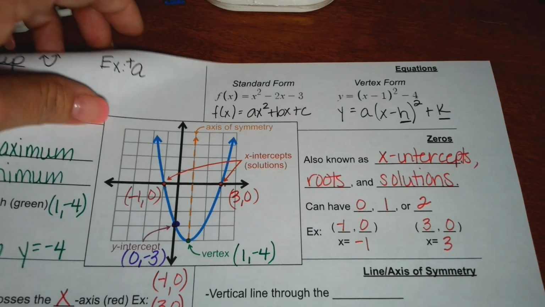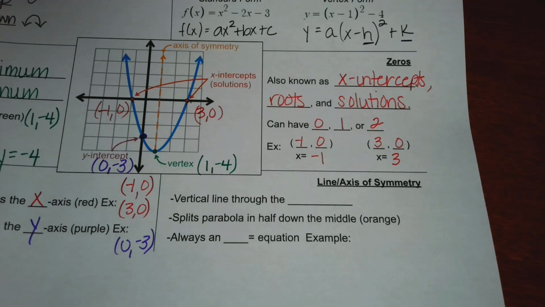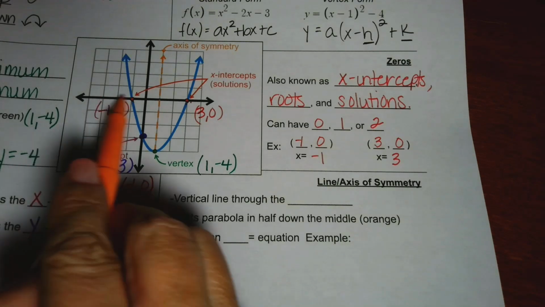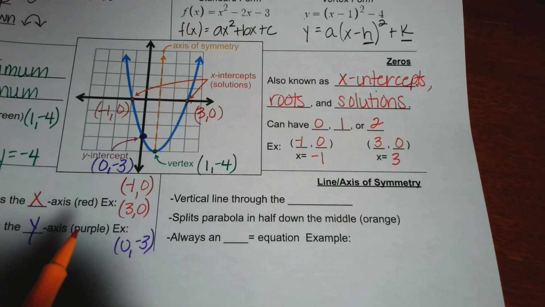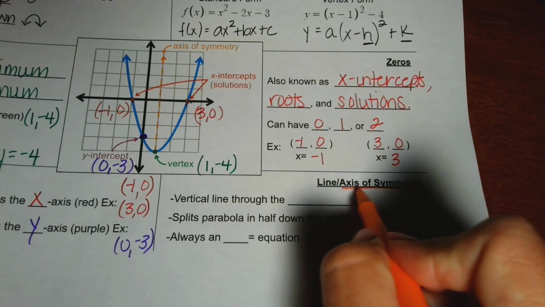All right, then the last characteristic we're going to talk about is the axis of symmetry. So when you were young in middle school, they taught you about a line of symmetry. That is a line that divides an object right down the middle. It's like a mirror image on the left side and the right side, or the top and the bottom. So now that we're on an x and y axis, we call this an axis of symmetry.